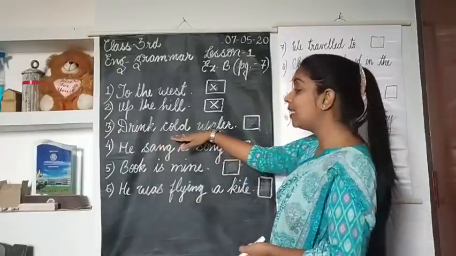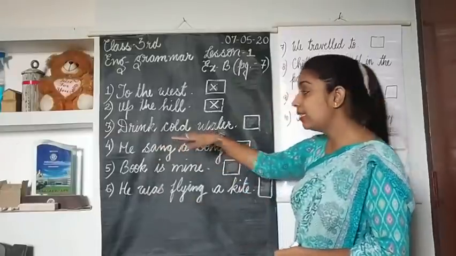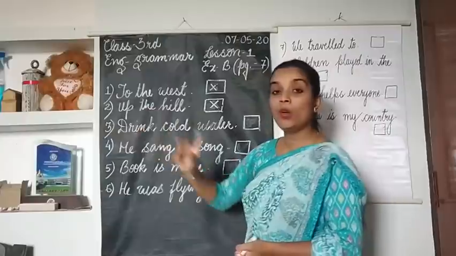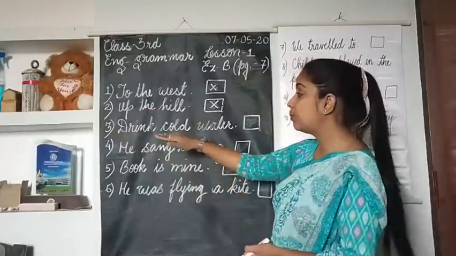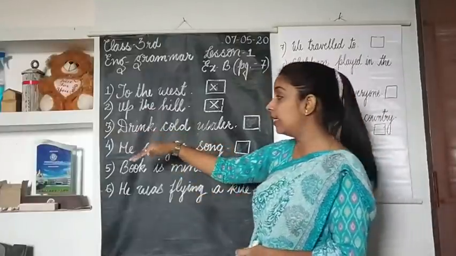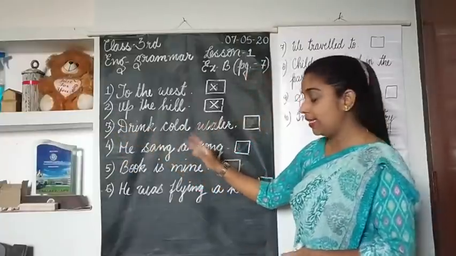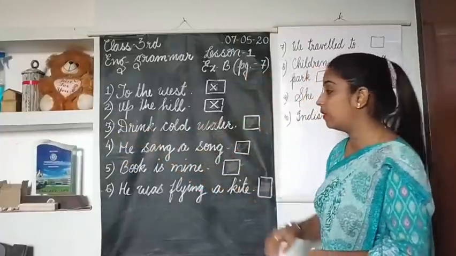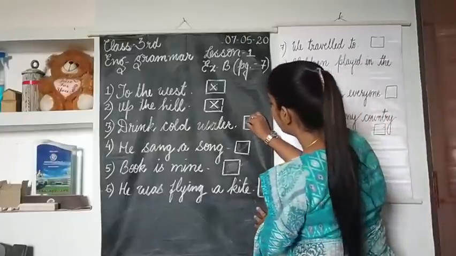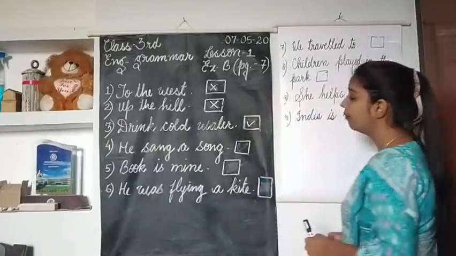So it comes under imperative sentence, and you all know that in an imperative sentence, the subject is not mentioned but it is understood. So, "you drink cold water" is a sentence and it gives some meaning. It's an imperative sentence. So, yes, it's a sentence. You can put a tick in front of it.